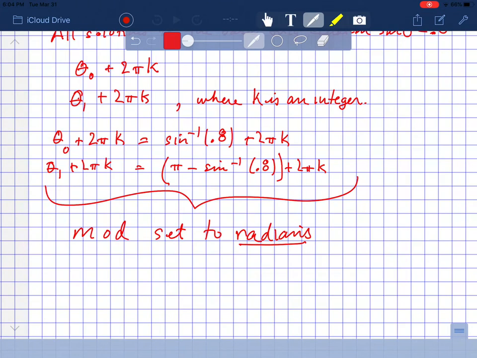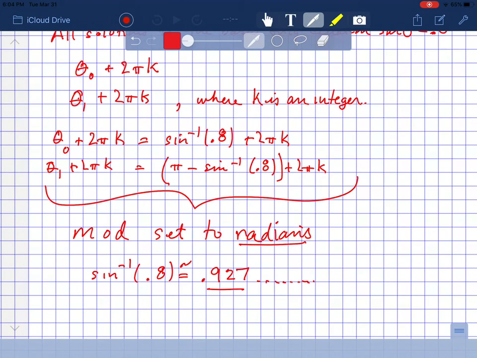I'm going to plug in 0.8, and I'll take the inverse sine of that. I find that the inverse sine of 0.8 on my calculator is 0.927. It keeps on going, but all we want to do is approximate it.